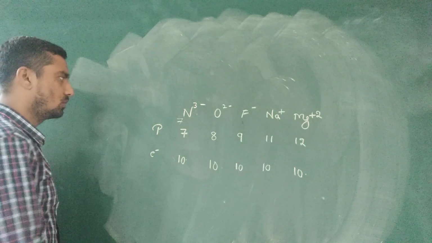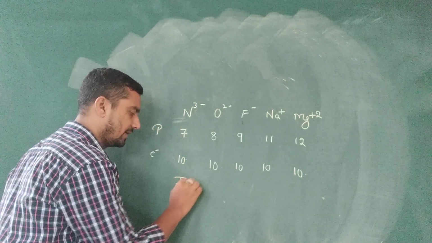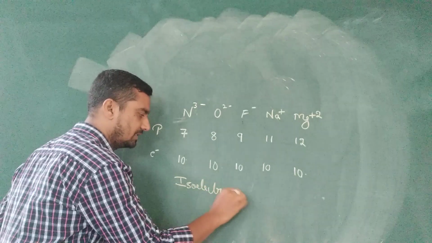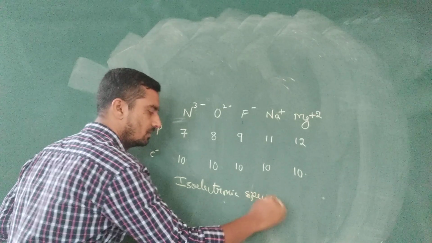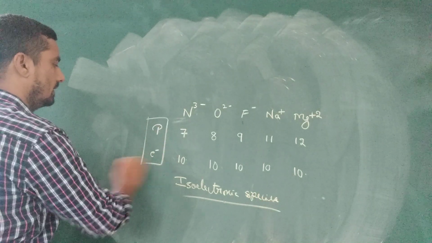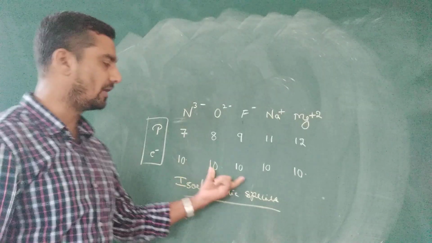Isoelectronic species: the name itself indicates it. Iso means same, electronic means electron.